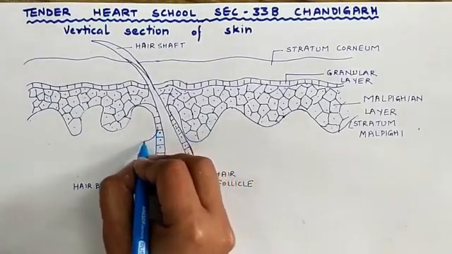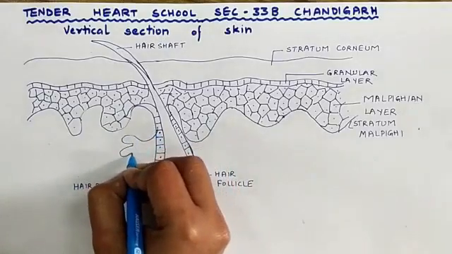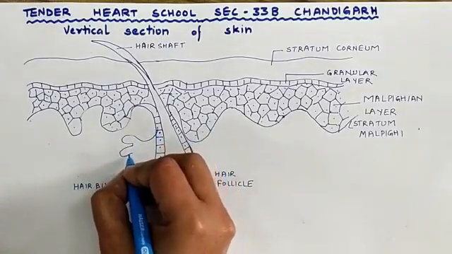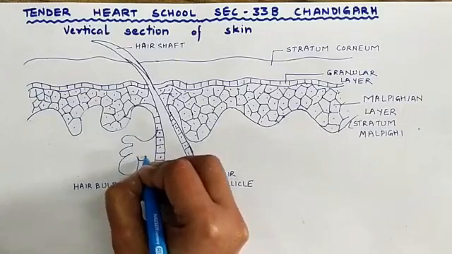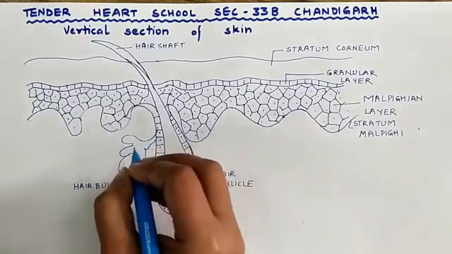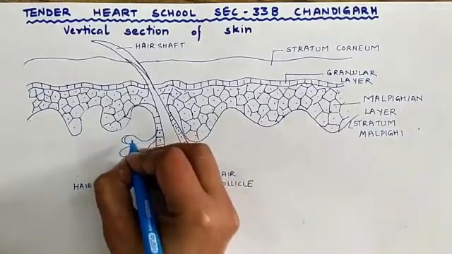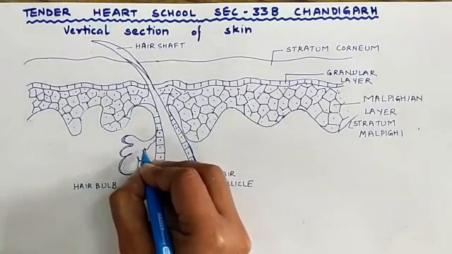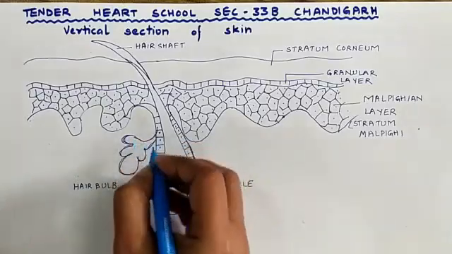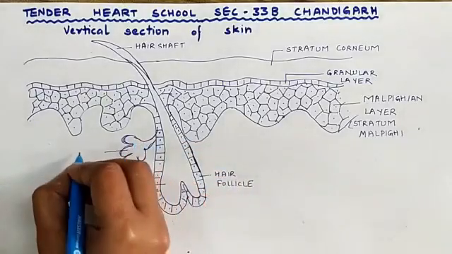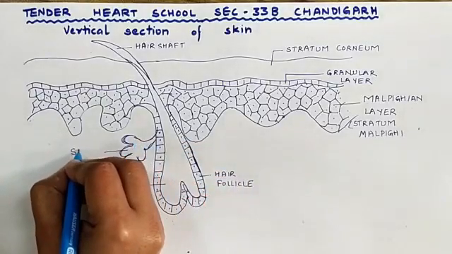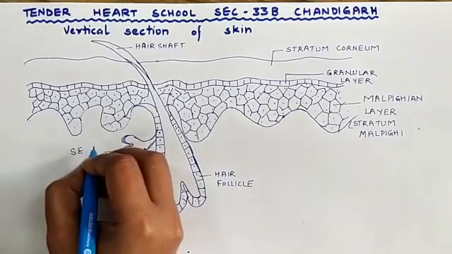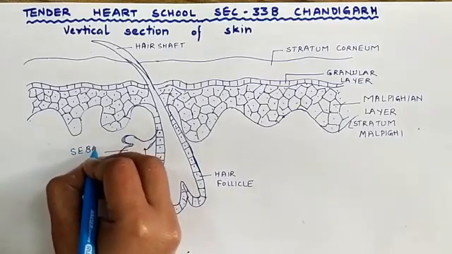So let us draw the sebaceous gland. This kind of gland you can make. So this is our sebaceous gland. Sebaceous glands are the glands which are providing sebum, and the oily secretion coming out from them is called the sebum. So sebaceous gland.